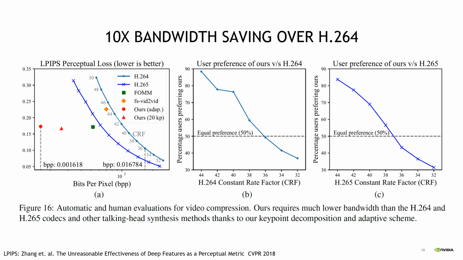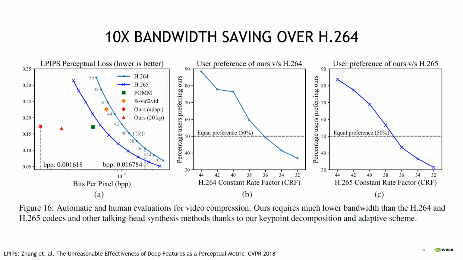And we have two variants. One is a version where we use 20 key points. The other we call adapt. Basically, we send fewer key points when the videos are easier to reconstruct, and this is done automatically.